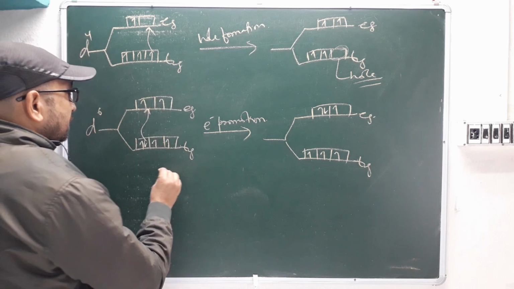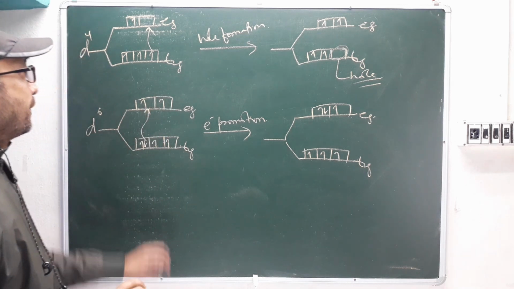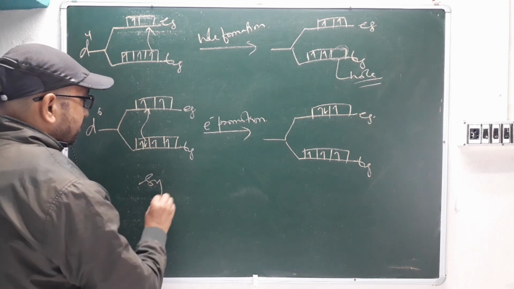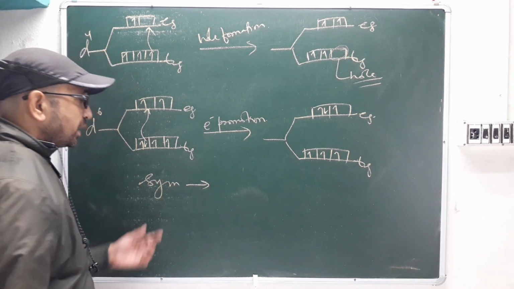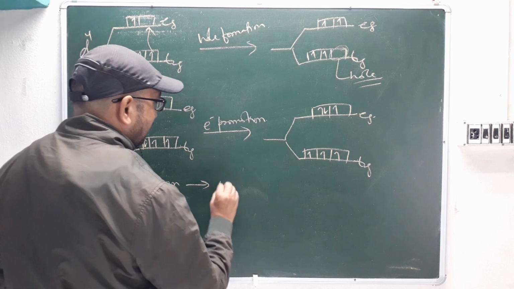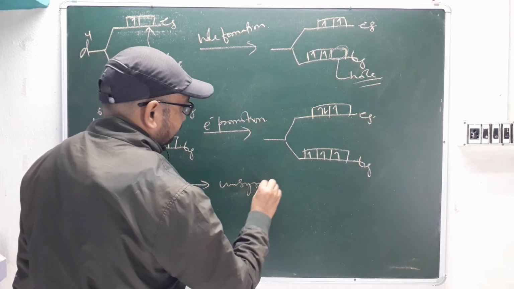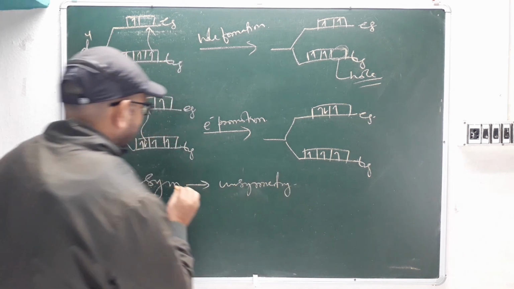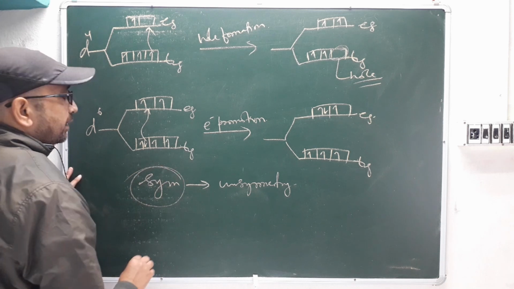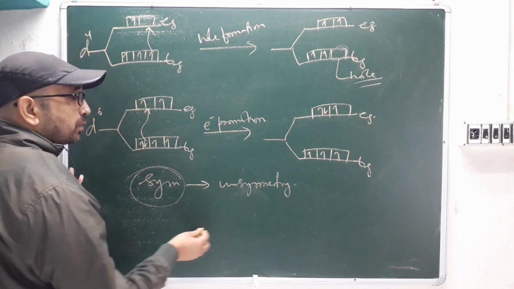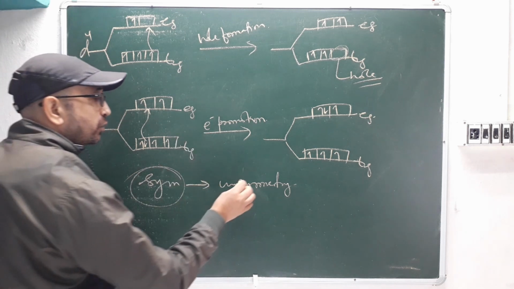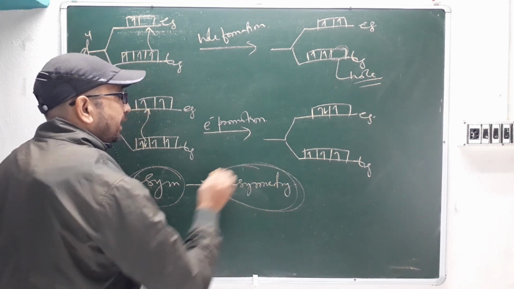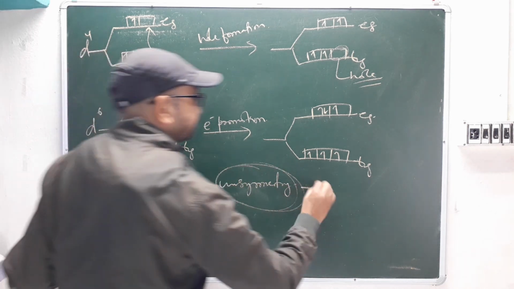Just remember one thing: if any orbital is symmetric, and after taking out the electron it becomes unsymmetric, then we call it hole formation.